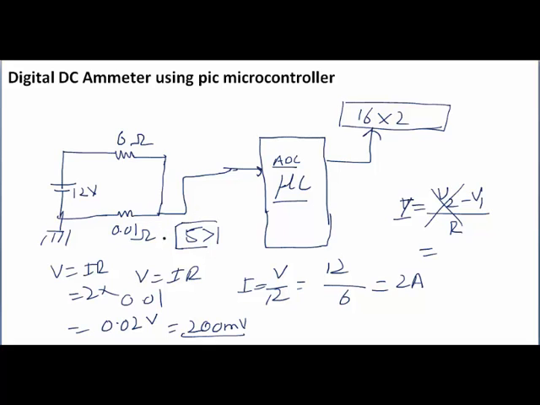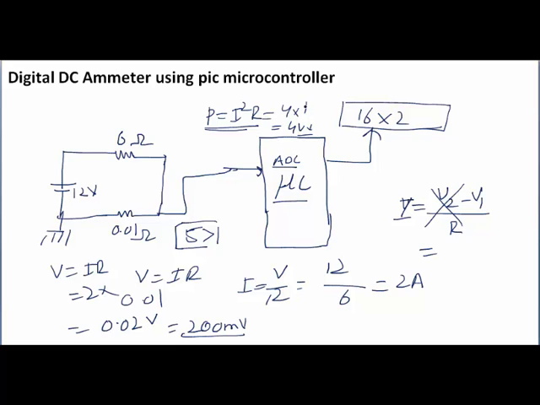It is always recommended not to use a very high value of resistance, such as shunt resistance, because it will create losses. You know the formula of losses is P = I²R. For example, if the current is 2 ampere and you are using 1 ohm resistance, 4 watt will be lost here in the form of heat.